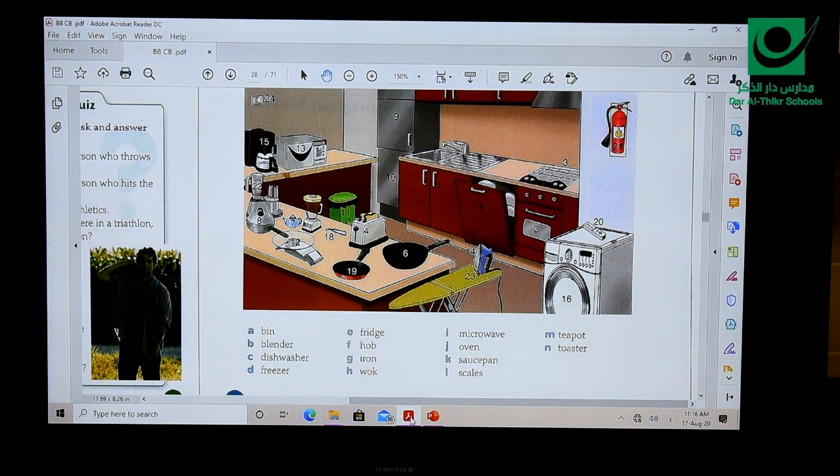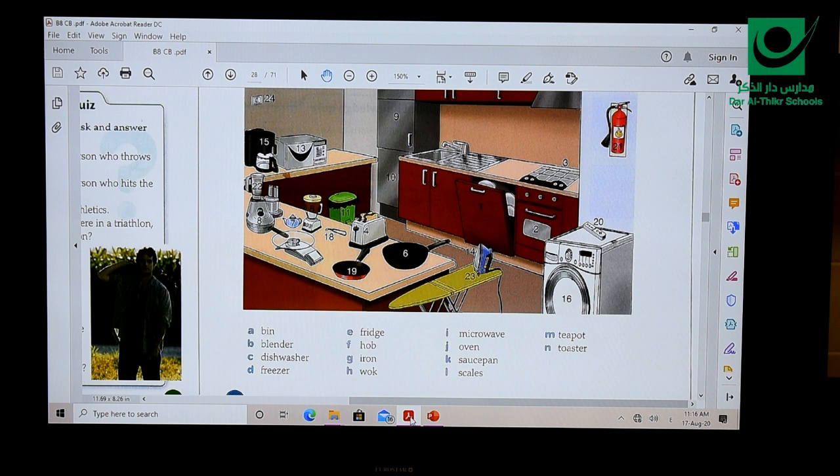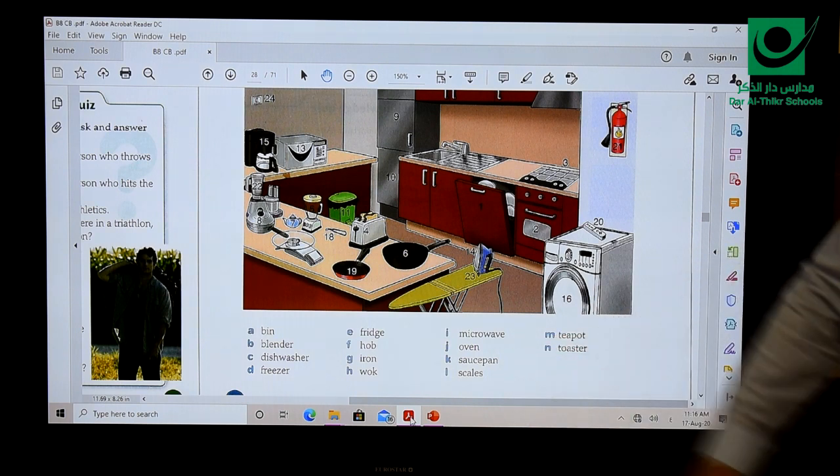Microwave. Look at the picture and find the microwave. Yes, it's number 13. Oven, where you can make a cake, for example. You make it in the oven here. 2. Saucepan.